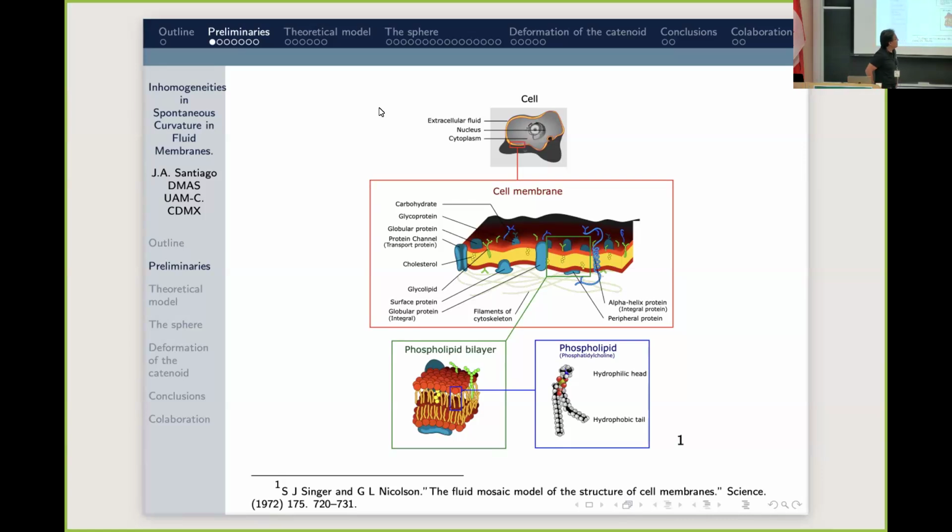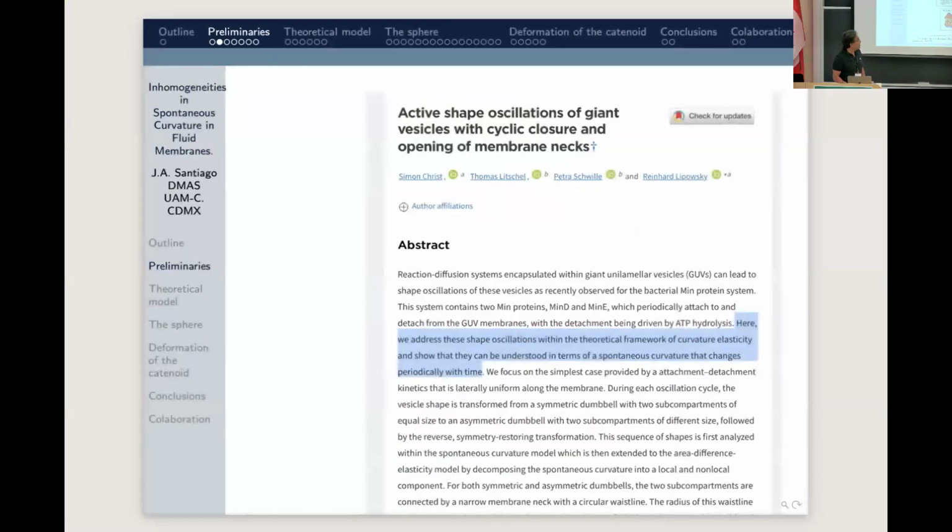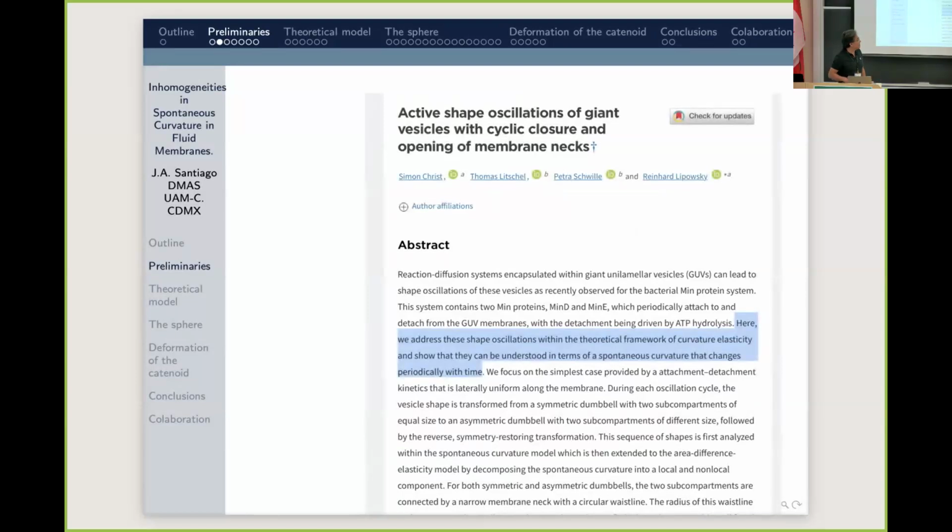So a lot of physical phenomena like diffusion, and several kinds of forces and torques are acting in this membrane. So the problem is complex. But let me focus on the part of the motivation that has to do with recent experimental phenomena.